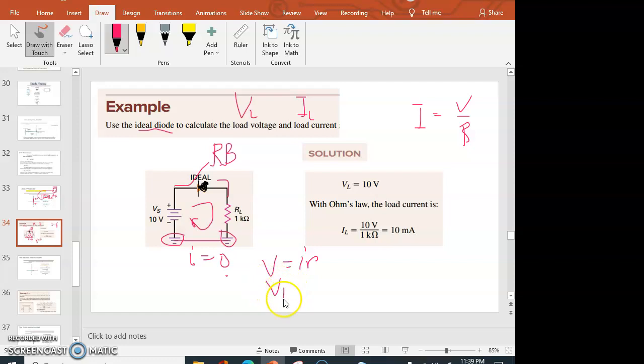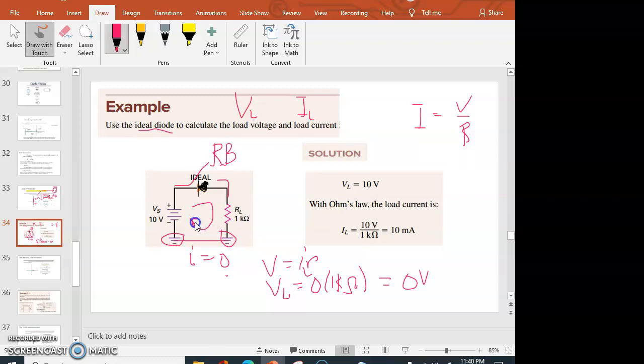So the voltage across your load would be 0 current multiplied with the resistance of 1 kilo ohm, or the voltage of the load will simply equal 0 volts. What about the current of the load? Same goes, the current of your load is simply equal to 0, because there is no current that passes throughout the circuit.